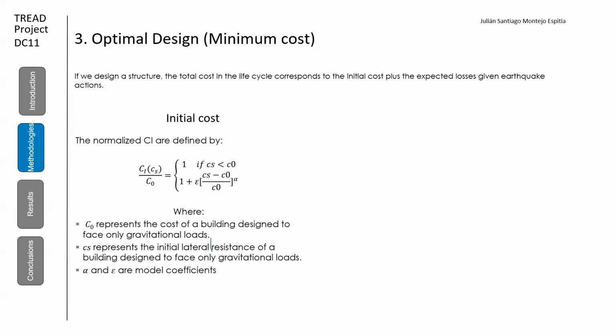Okay, let's assume the initial cost of the building can be defined in terms of the seismic demand. So for instance, if you are designing in terms of PGA, if you need the building to resist a higher value of PGA, it will be more expensive.